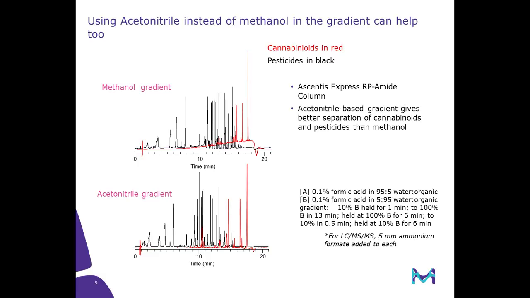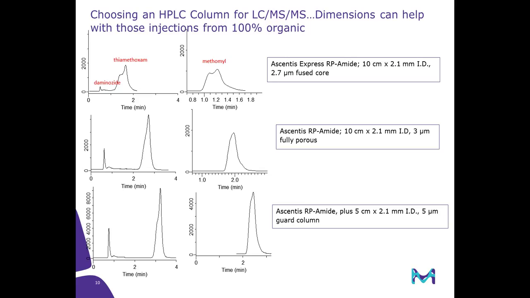And we found that we got a little bit better separation between the cannabinoids and the pesticides when using acetonitrile. So combining an amide column with an acetonitrile gradient gave us the best separation of all. So we were able to use that dump step to dump the major cannabinoids to waste before they enter the detector and not lose our analytes of interest.